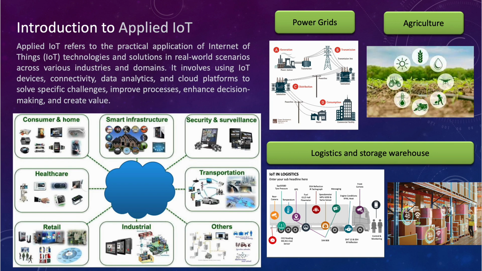And we went back to our examples. We learned about how we can apply it there. Then we went through a couple of examples from consumer electronics to smart infrastructure, security, transportation, healthcare, industries, retail, power grids, agriculture, logistics.